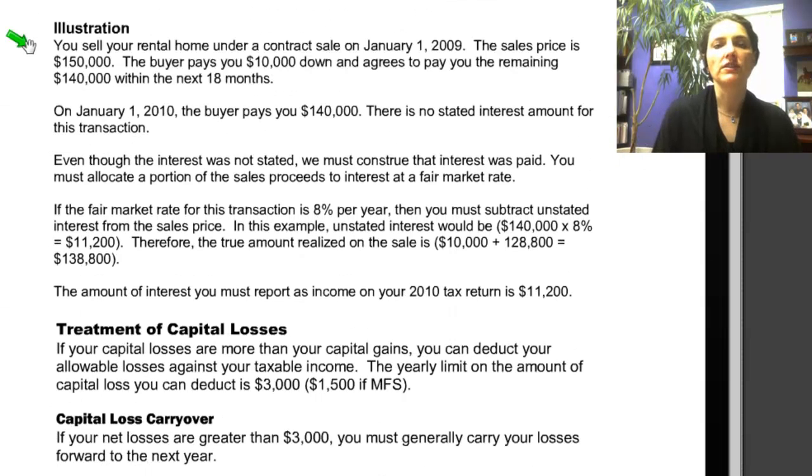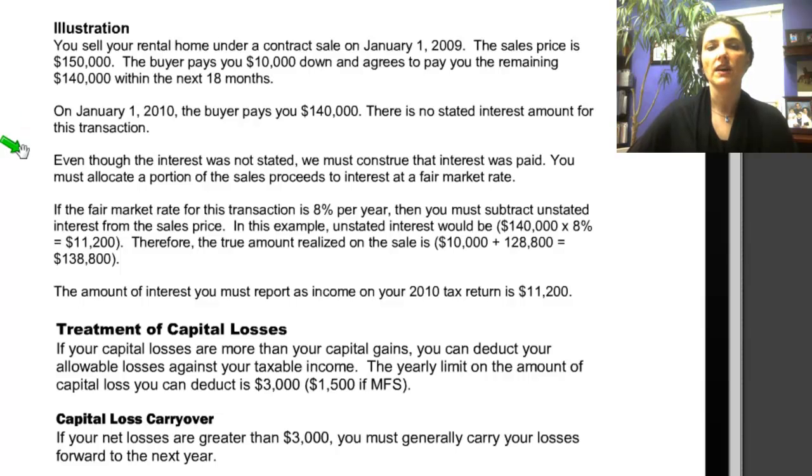And here's an illustration. You sell your rental home under a contract sale on January 1, 2009. The sales price is $150,000. The buyer pays you $10,000 down and agrees to pay you the remaining $140,000 within the next 18 months. On January 1, 2010, the buyer pays you $140,000. There is no stated interest amount for this transaction.